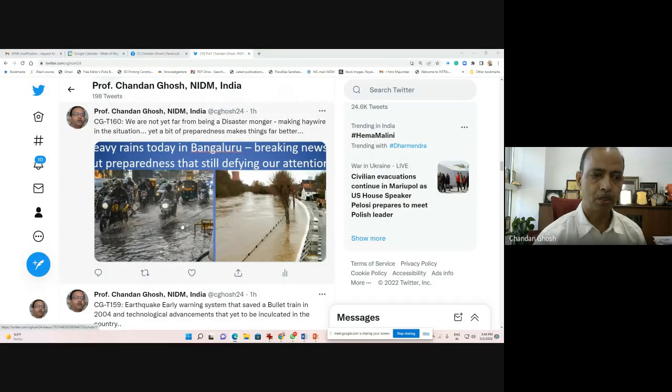So heavy rains today in Bangalore are breaking news, but preparedness is still defying our attention. We have to say that when an area is waterlogging or flood prone, if it rains for 15-20 minutes, it is going to be waterlogged. Then there are certain ways to look at it. One of the ways is like this.